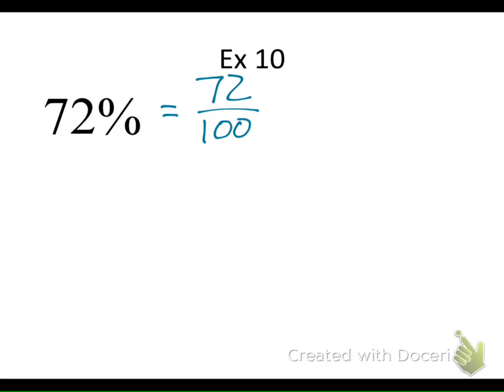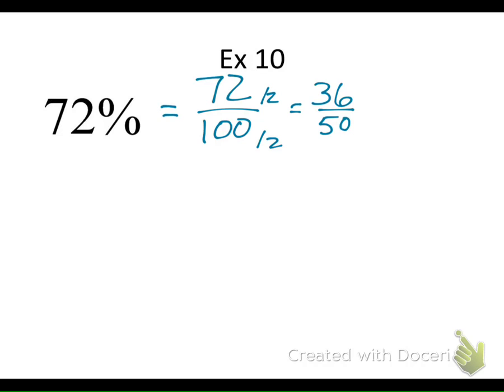Okay, so what's wrong with this? We can't stop here, right? You gotta reduce it. That's what you were going to say, right, Jalen? What's 72 divided by 2? 36. 100 divided by 2 is 50.